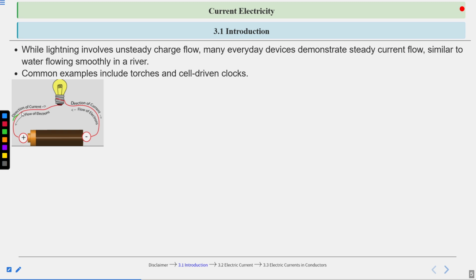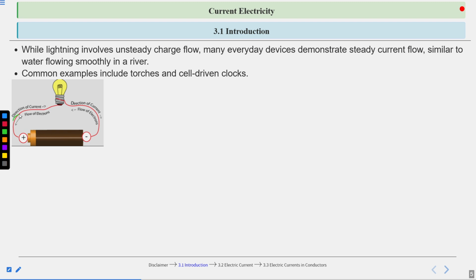Why? Because many things, derivations and concepts had already been developed using the traditional direction of current, which is from positive to negative terminal.